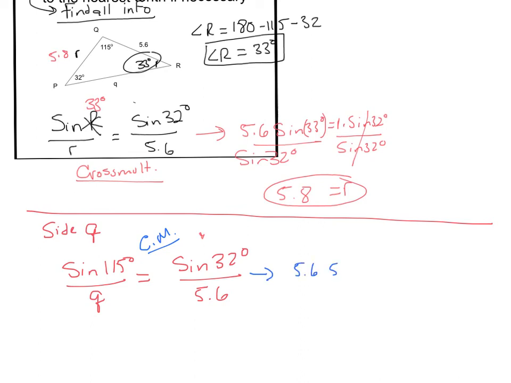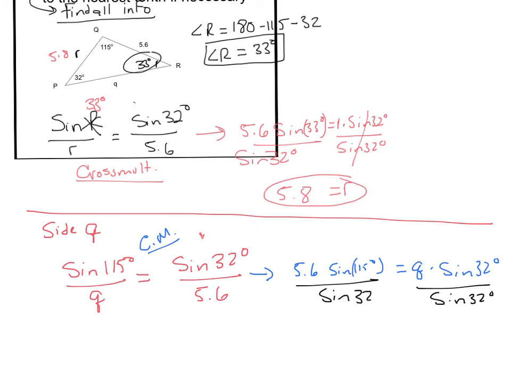We get 5.6 times sine of 115 degrees, which I put in parentheses in my calculator, is equal to q times sine of 32 degrees. I divide both sides by sine of 32 degrees. Notice it's not a right triangle, or I don't know it's a right triangle, so I do not use SOHCAHTOA.